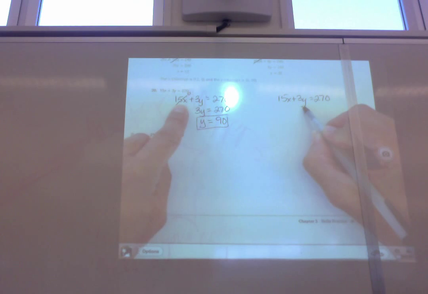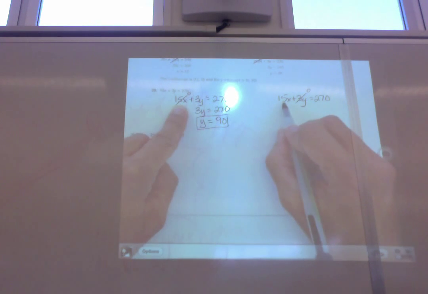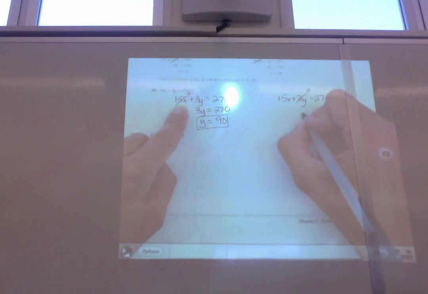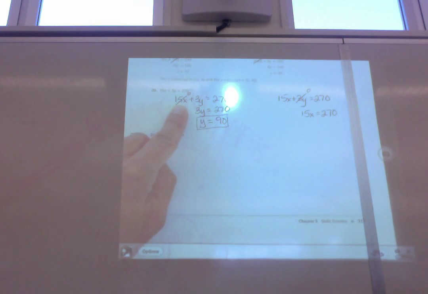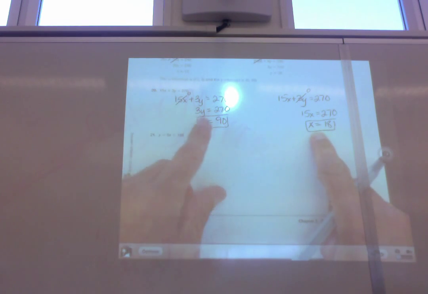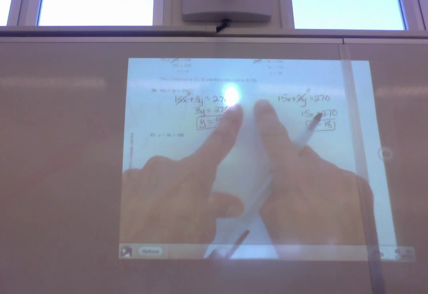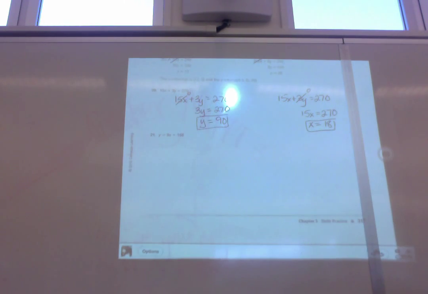Instead of x equals 0, y equals 0. So the smaller equation has this 15x and the 270. And again, we're going to divide. Somebody got it already? 18. This is the x-intercept. This is the y-intercept. They both started with the whole equation, but we crossed off one part.